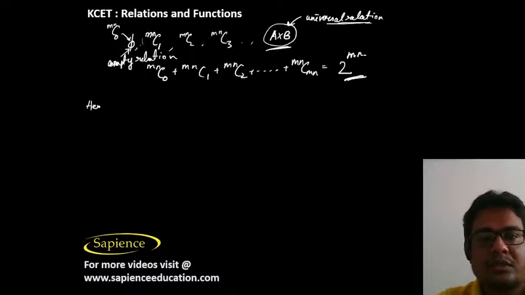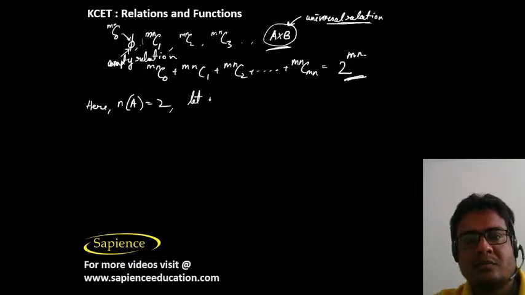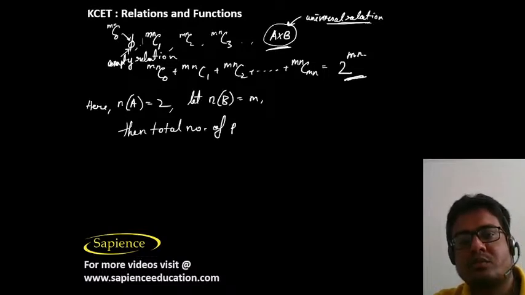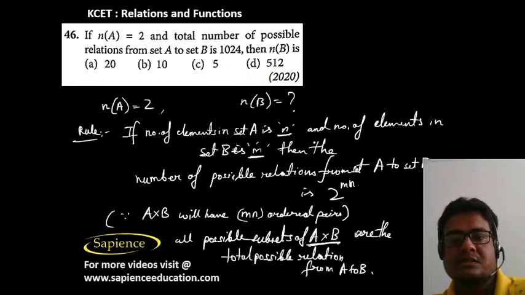Now here the number of elements in the set A is equal to 2, and let the number of elements in the set B be m. Then the total number of possible relations from A to B will be 2 power 2m, which is given as 1024.